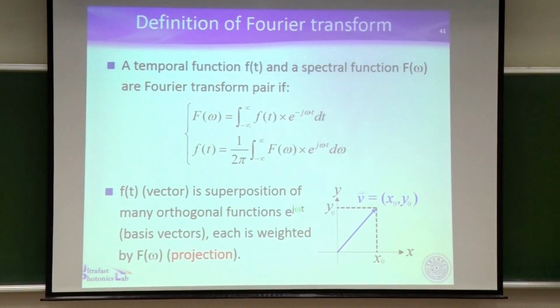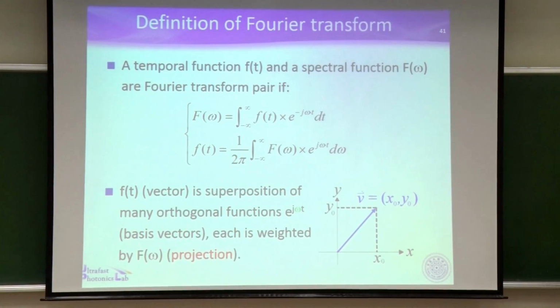And you know this blue vector can be decomposed into x and y components, right? The x projection is x0, the y projection is y0. Then this vector can also be represented by a pair of numbers, x0, y0.